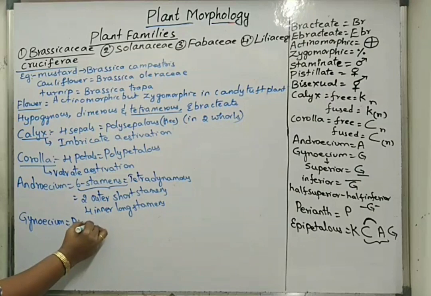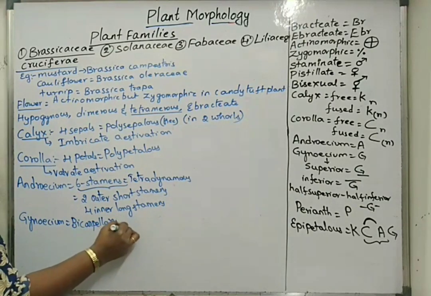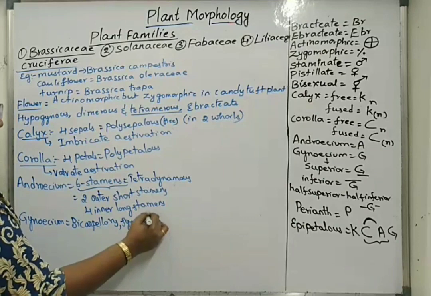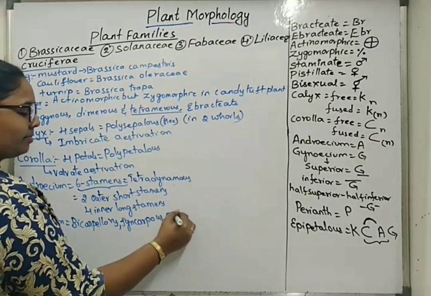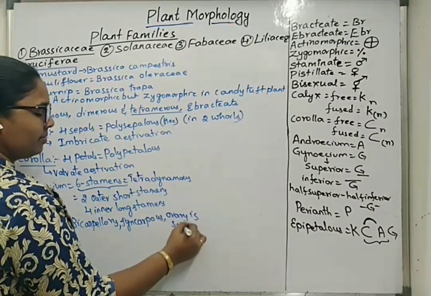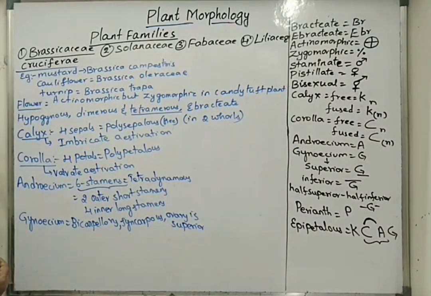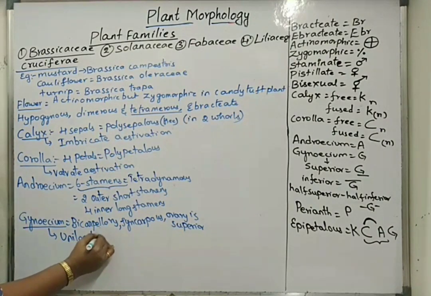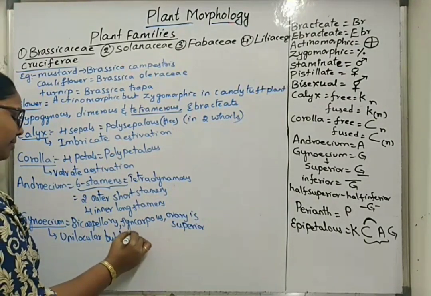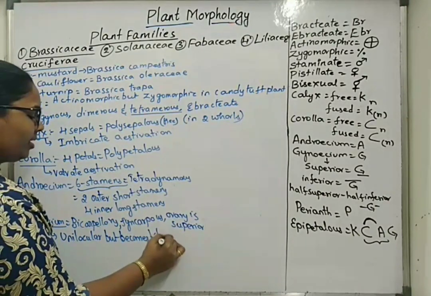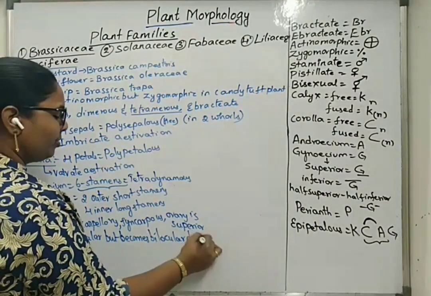Gynoecium is bicarpellary, syncarpous, ovary is superior. Next, here the carpel has only one single cavity, that is locule, so unilocular, but becomes bilocular due to replum.